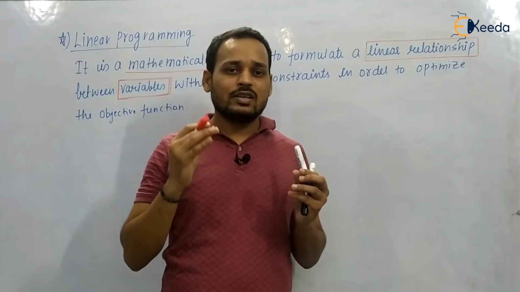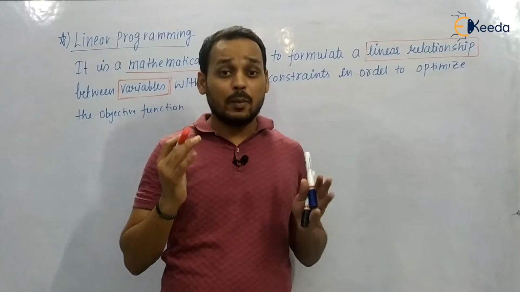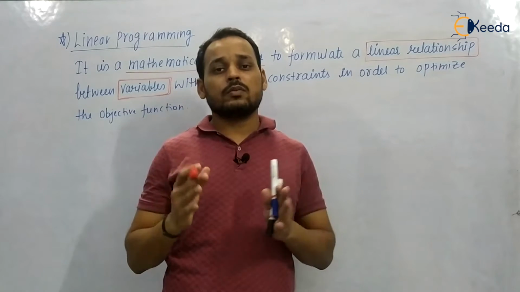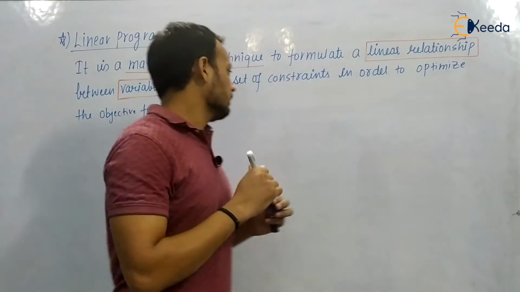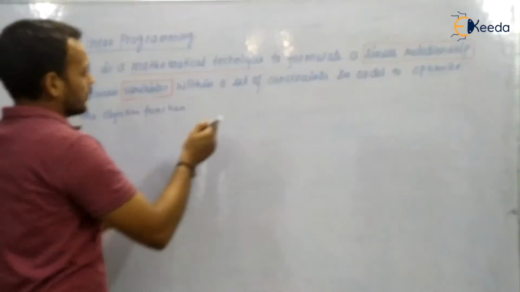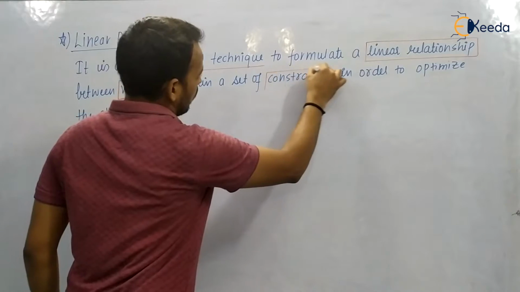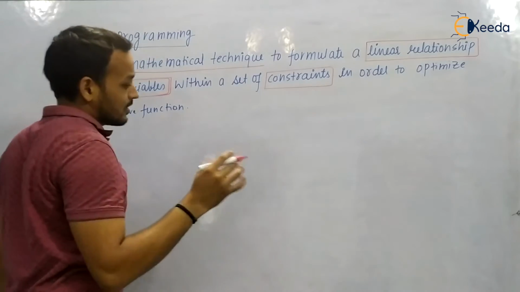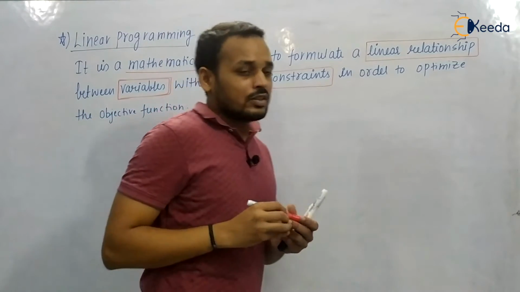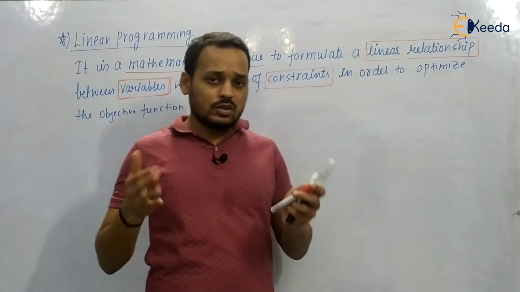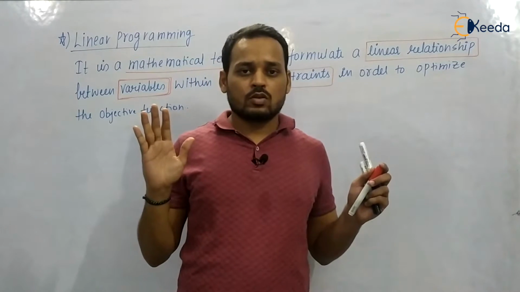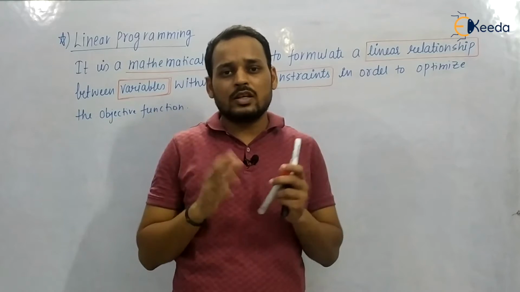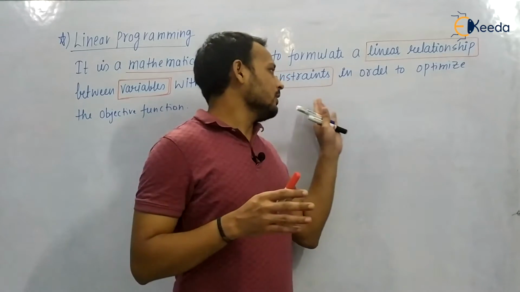So x, y, z, s, m, these all are going to be our variables in linear programming, within a set of constraints. Basically these are the restrictions under which we have to solve our questions, the resources.